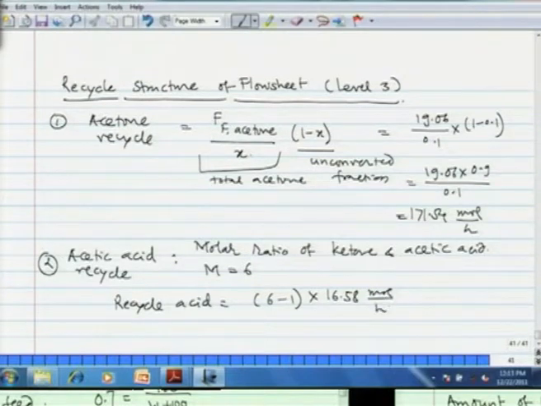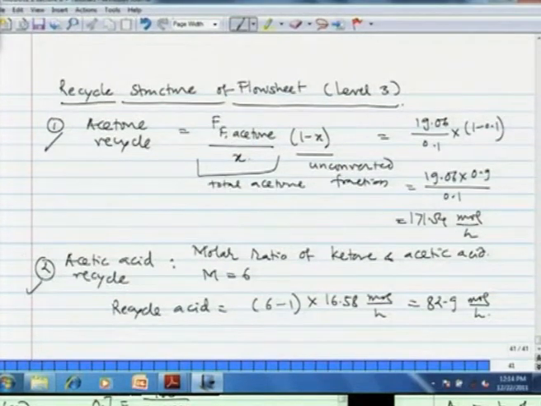The number of moles of ketene that enter the reactor are 16.58, out of which due to stoichiometry 1 mole of ketene reacts with 1 mole of acetic acid, and the unconverted fraction is the excess acetic acid, which is 82.9 mole per hour. So this is how the material balance for the recycle streams is done.